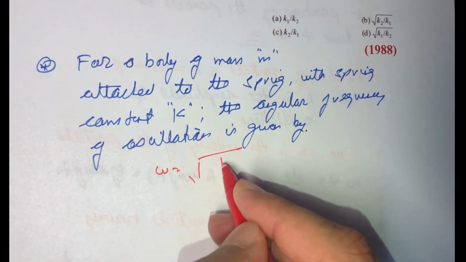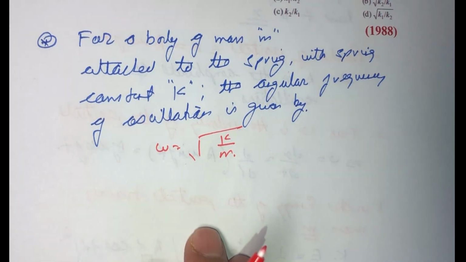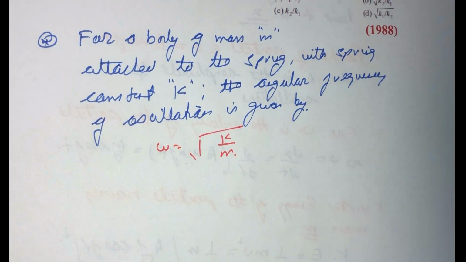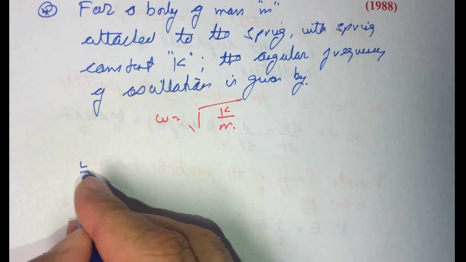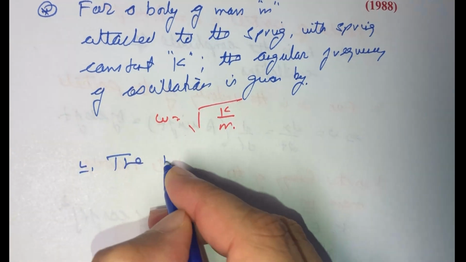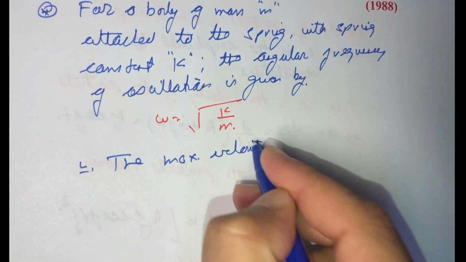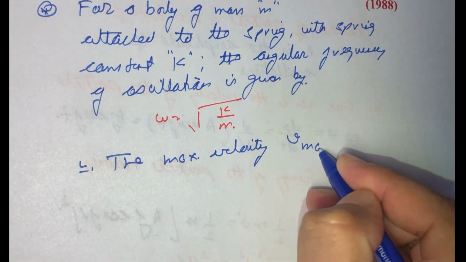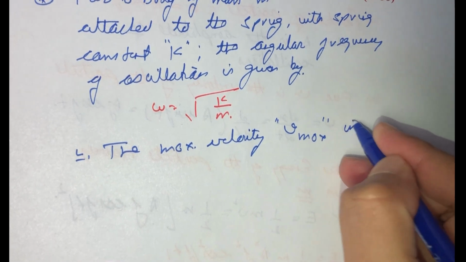square root of K upon M, and the maximum velocity of SHM, let us suppose that is given as V max in SHM.